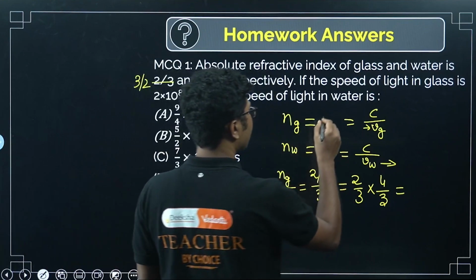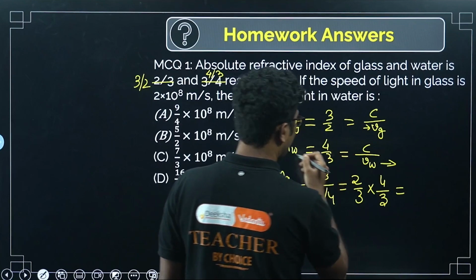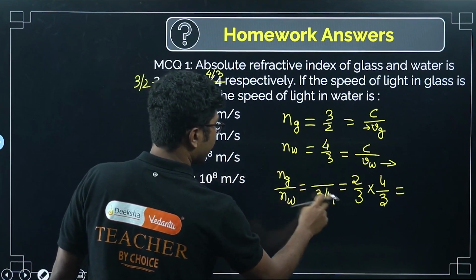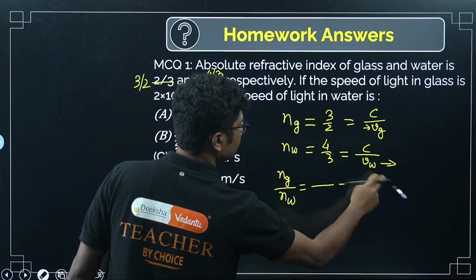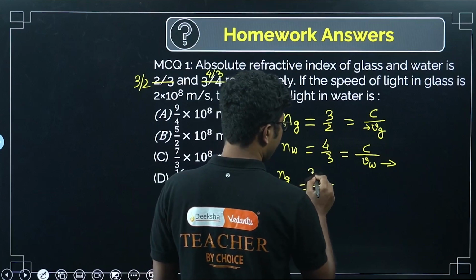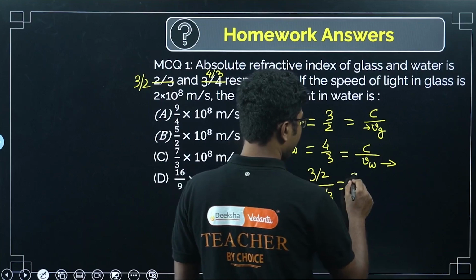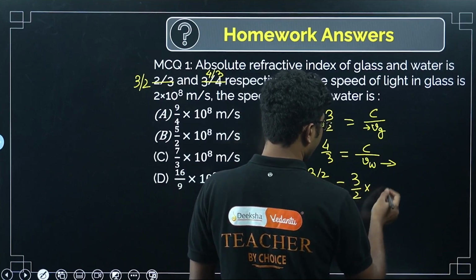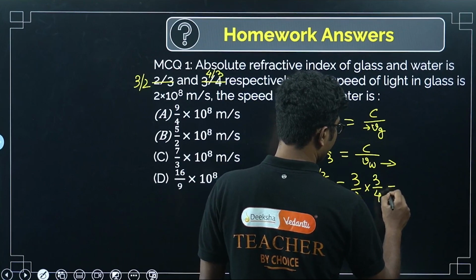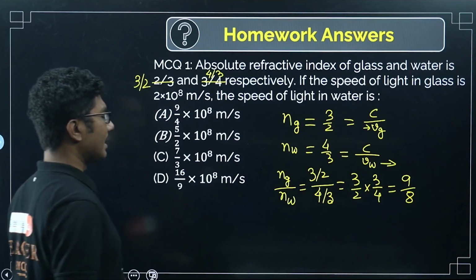So it will be 3/2 and 4/3. Now let me solve it. It will be 3/2 divided by 4/3. So 3/2 times, it will reverse, 3/4. So it will be 9/8. 9 by 8 is the relative refractive index.